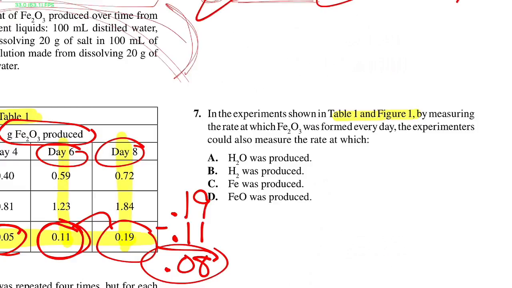Okay, so the first question says, in the experiments shown in table 1 and figure 1, by measuring the rate at which rust was formed every day, the experimenters could also measure the rate at which what?